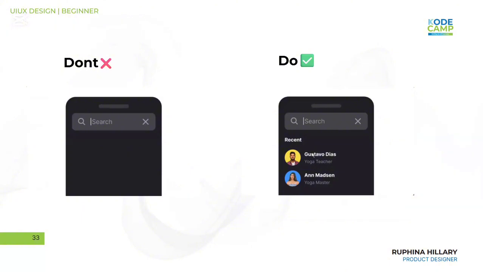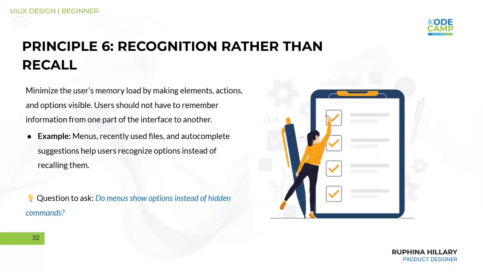Remembering Gustavo Diaz is harder than recognizing it. Once you see this, you already know, okay, this is the person I'm looking for. But it might not be that easy to recall the name from your memory. So these are the different ways we apply this principle six. In this principle six, the question you should be asking is, do menus show options instead of hidden commands?